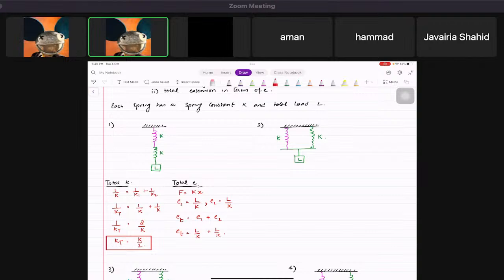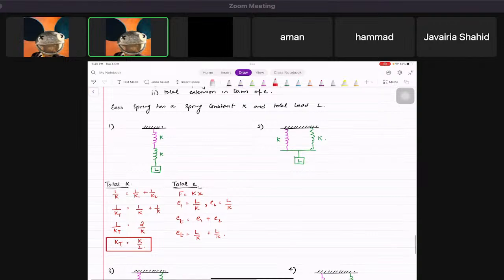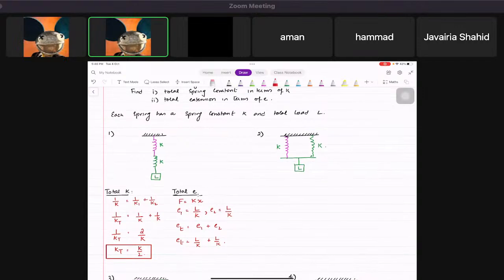Because it says that we need to find total in terms of E, just E, right? So think about it this way.